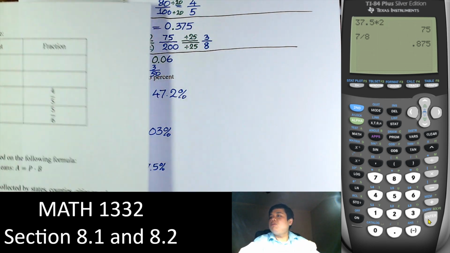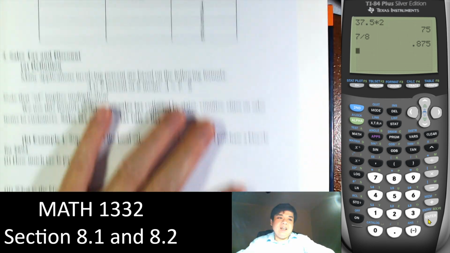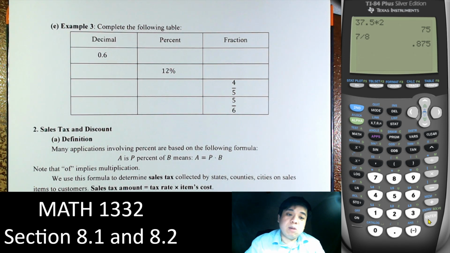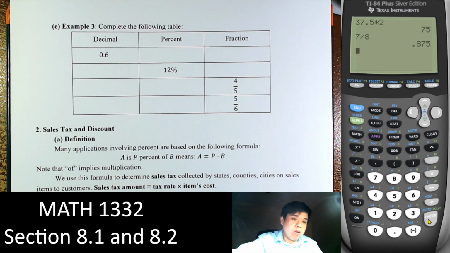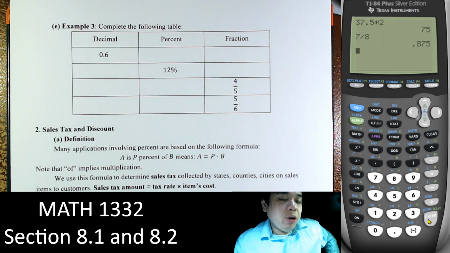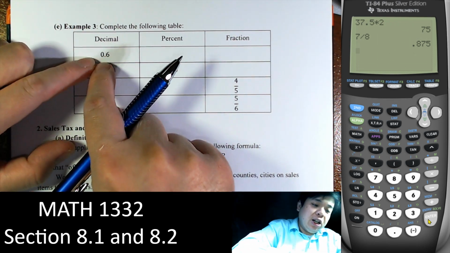Simple enough. Now in this table, we just convert and complete the table. We are given something here, and we want to complete this table with the decimal, percent, and fraction form. So 0.6, if we want percent, 2 places to the right.